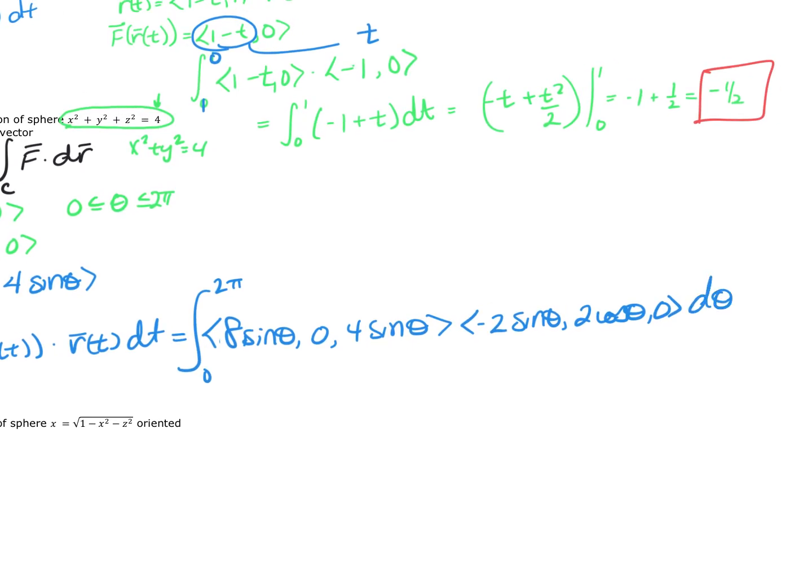Now when I do this dot product, I'm only going to be left with the integral from 0 to 2 pi of negative 16 sine squared theta d theta.